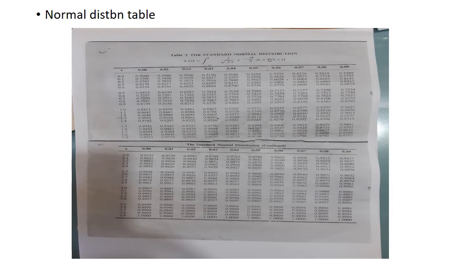If you want 1.75, so 1.7 row wise, and in the column you have to go to 0.05. So this is 0.9599. That is how to refer the table.